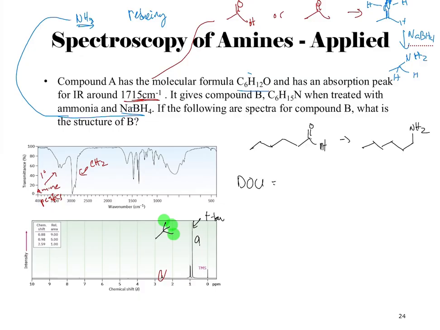It'll be 2 times the number of carbons, so 2 times 6, plus 2, minus the number of hydrogens, which is 12, plus the number of nitrogens, which for the first compound would be 0, and divide this by 2.